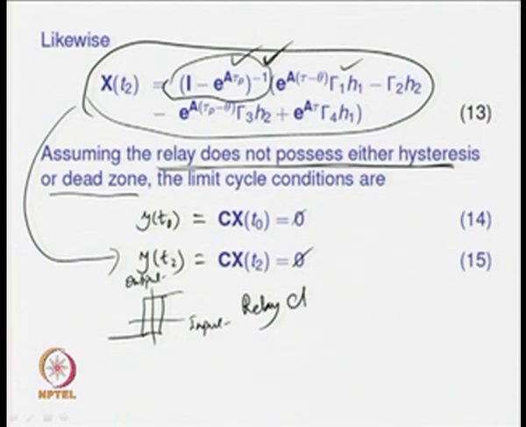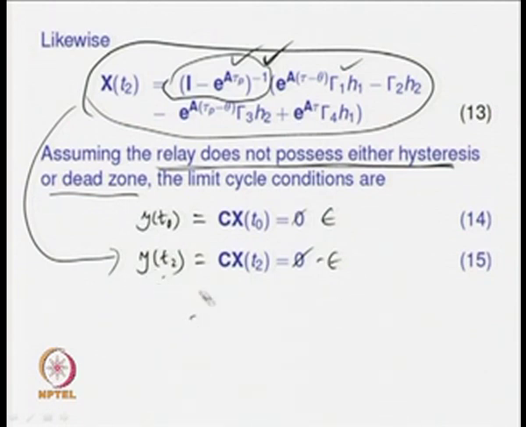When the relay characteristics is not ideal, y(t0) will be some finite value depending on the hysteresis width. So y(t0) equal to C x(t0) will be equal to epsilon, and y(t2) will also be equal to minus epsilon. So we have to be very careful. Only when we are employing an ideal relay for performing the relay test, at the zero crossings the outputs will be 0.